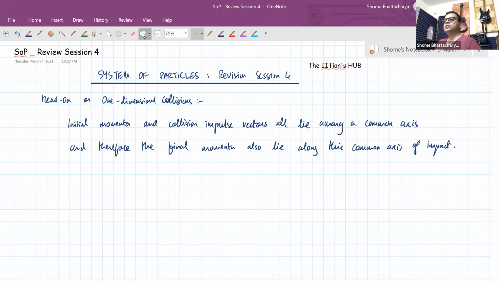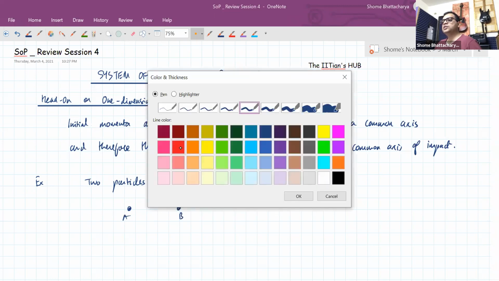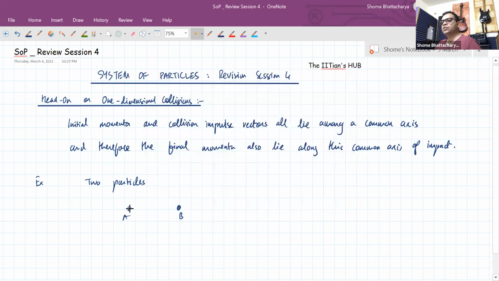So let's try to understand visually some particular cases of this. For example, if we have two particles, let's say this is particle A and this is particle B, and they are initially moving such that their velocity vectors are lying along the particle to particle line.